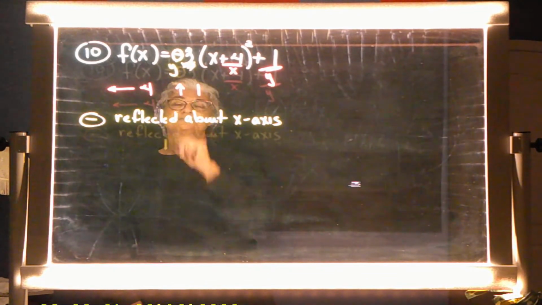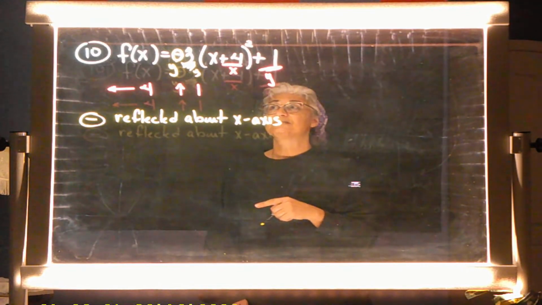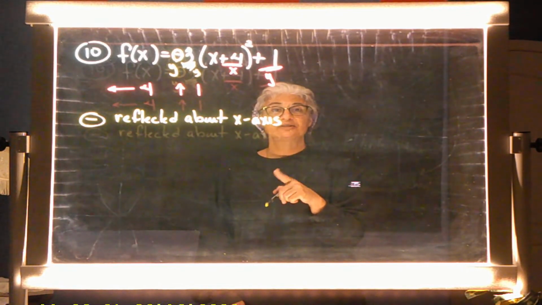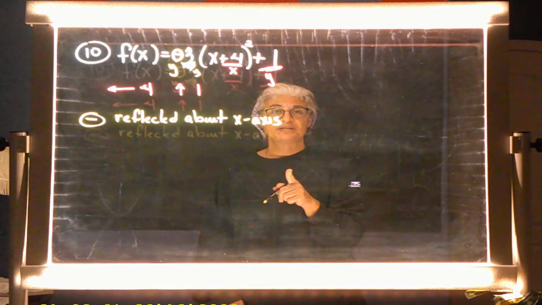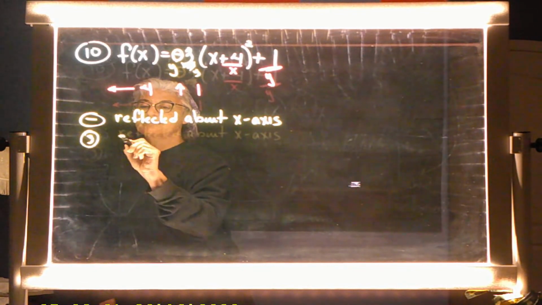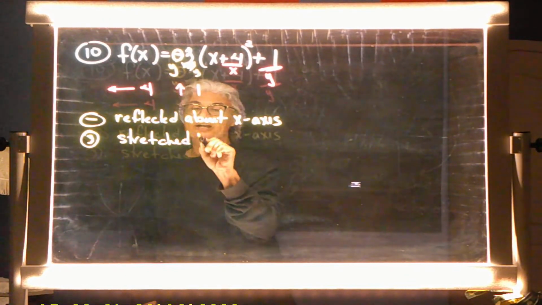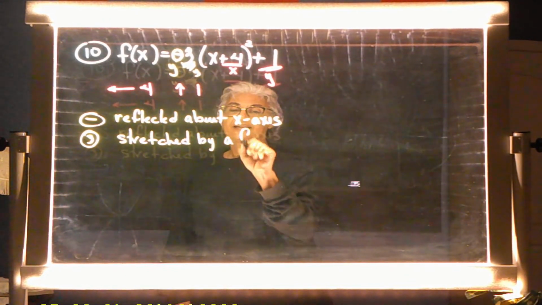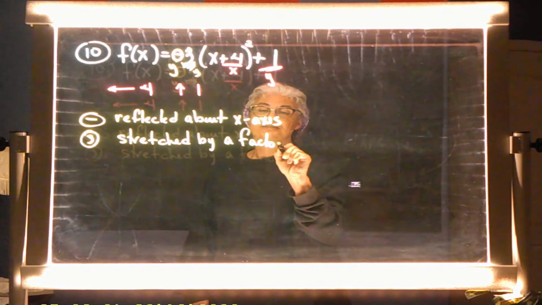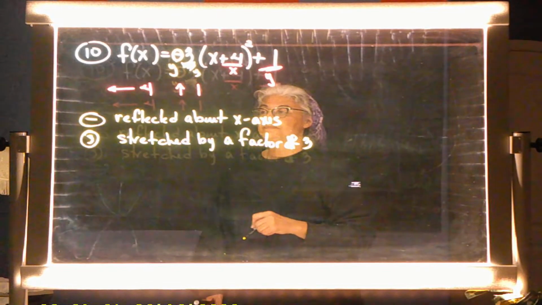This 3, yes, it's also affecting the y. Now here's the deal. It's being multiplied, correct? Which means, good, the 3 represents it is being stretched. The graph is being stretched by a factor of 3.